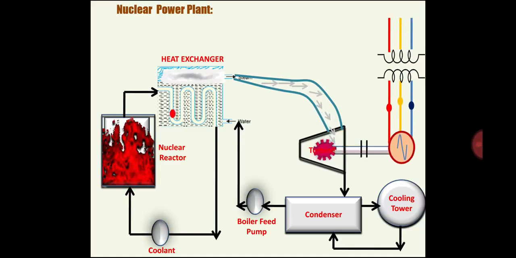The coolant transfers the heat from the nuclear reactor to the heat exchanger, and in the heat exchanger, that heat is transferred to the water. When the heat is transferred to the water, its temperature increases and the water gets converted into steam. That steam becomes high pressure steam, and this high pressure steam then rotates the steam turbine.